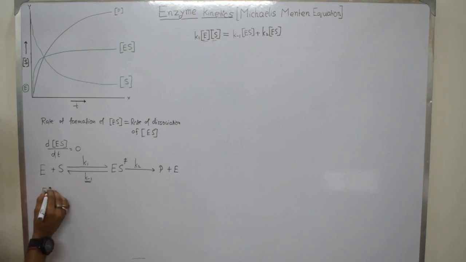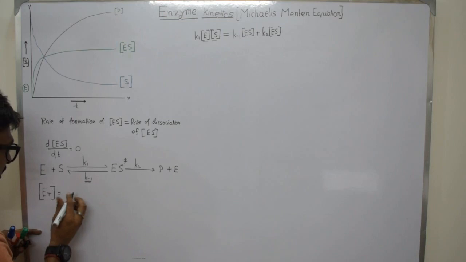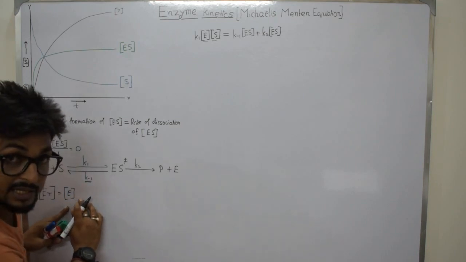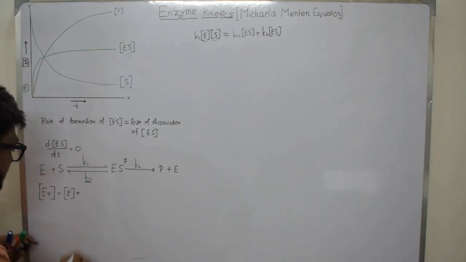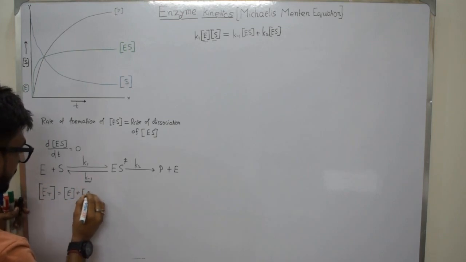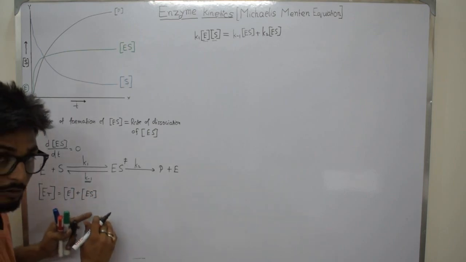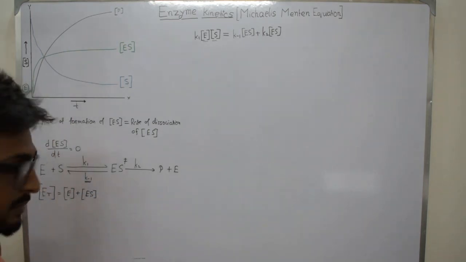Suppose this is the concentration of total enzyme. It means the total enzyme is equal to the free enzyme plus the enzyme substrate complex, because this amount of enzymes are not free, these are involved in the formation of the enzyme substrate complex.